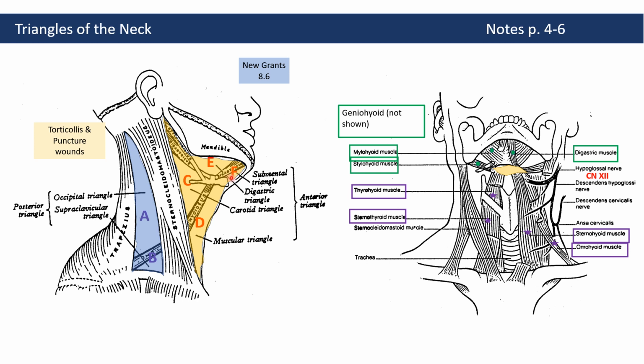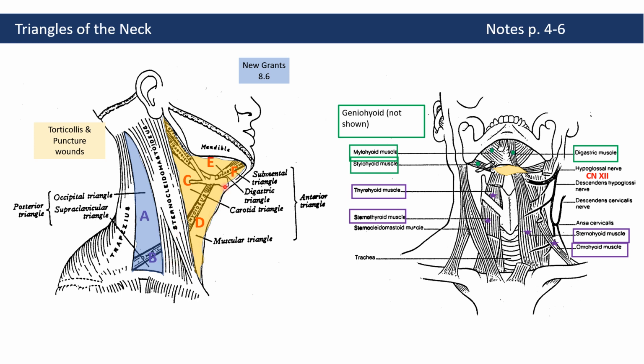The submental triangle, formed by the anterior bellies of the digastric on both sides of the face, contains submental lymph nodes. And when you see the word mental, it usually refers to the chin. So submental triangle refers to that particular area.